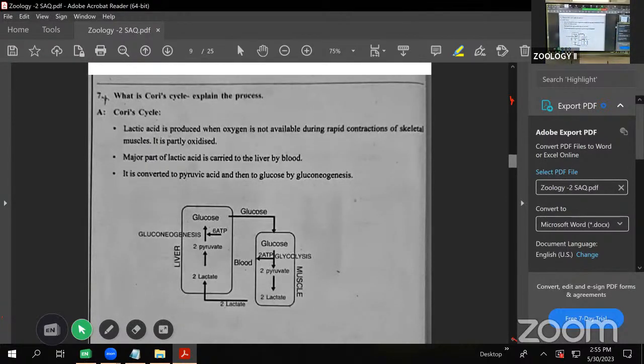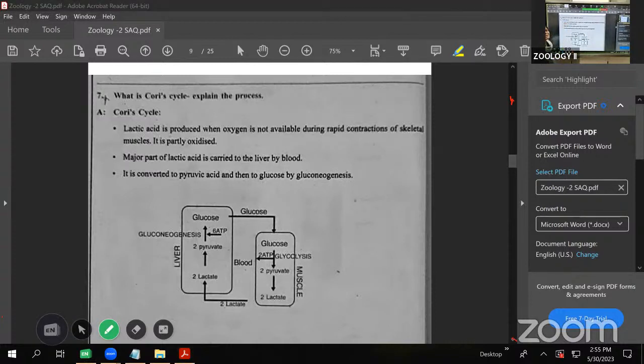See, in the next lesson, I'm explaining about the Cori cycle. What does the Cori cycle mean? This is mainly about muscle contraction. This question belongs to the musculoskeletal system.